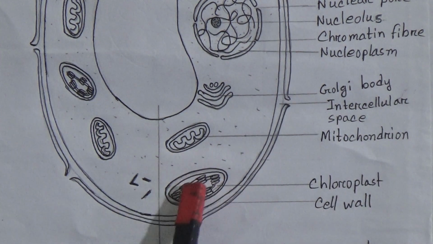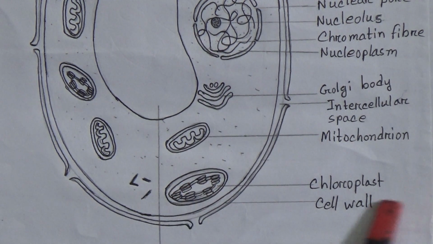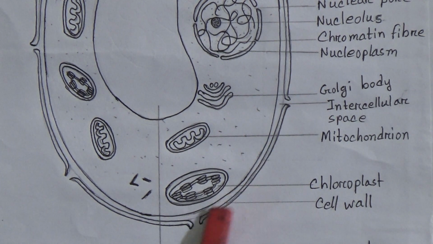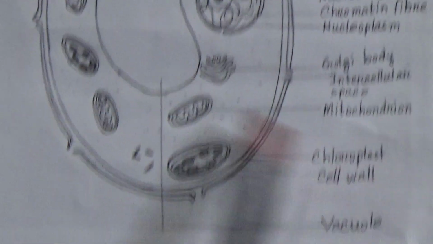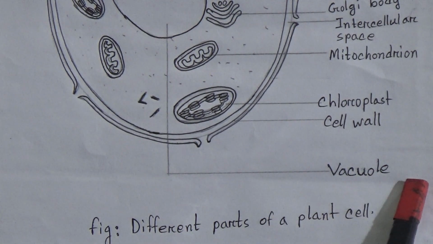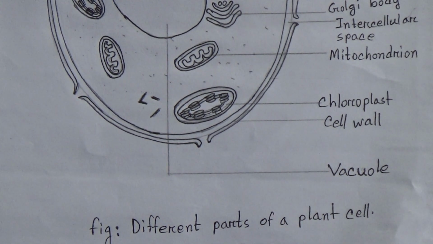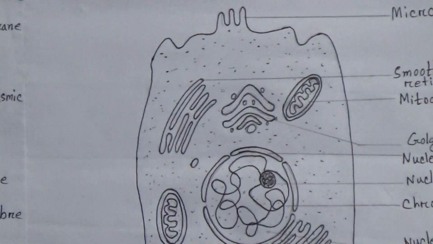Chloroplast is a special characteristic of this plant cell. And here is the cell wall. Cell wall is another special characteristic of this plant cell. And here is the vacuole. The figure name is different parts of a plant cell.